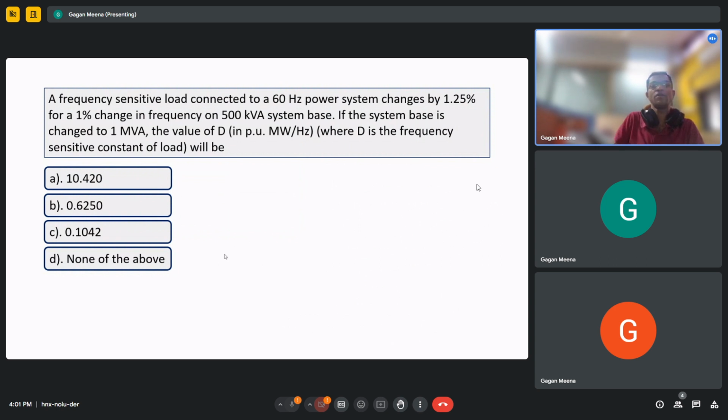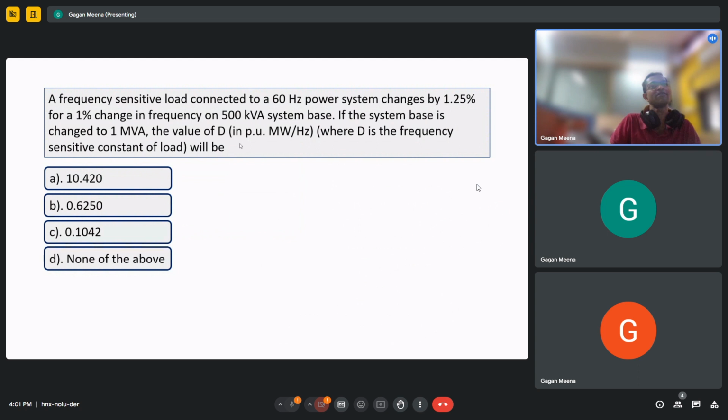So this is the first question. A frequency sensitive load connected to a 60 Hz power system. Whenever you see a question, always read it carefully, because sometimes we are in such a hurry that we don't even read the question correctly. In our mind, we are accustomed to solving questions for 50 Hz.